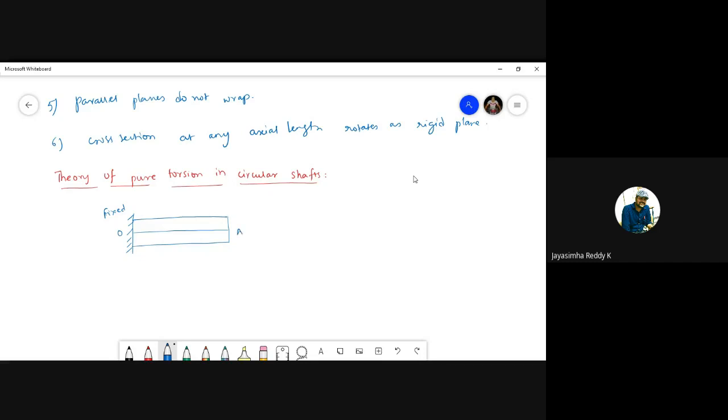After applying a twist to this, students, what happens is this A point moves to A dash. Is it clear? So after applying a twist, A point moves to A dash. Let me draw the side view of this face. This face side view can be seen over here, students. So all of you please see here.